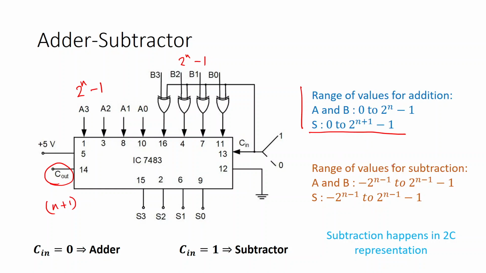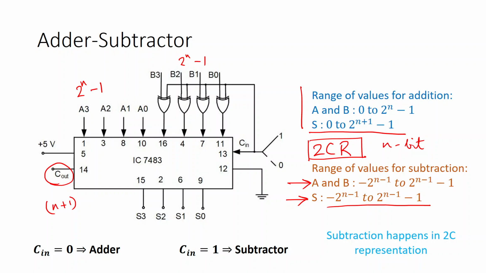But when you are doing subtraction, since you are restricted in the 2's complement representation domain, for an n bit word both your input numbers and the output must be restricted to this range: minus 2 to the power n minus 1 to 2 to the power n minus 1, minus 1.